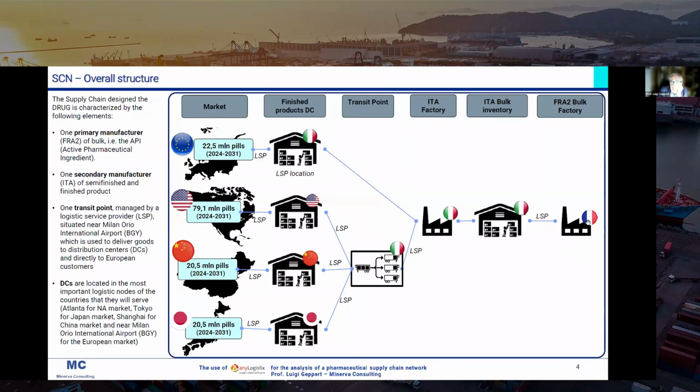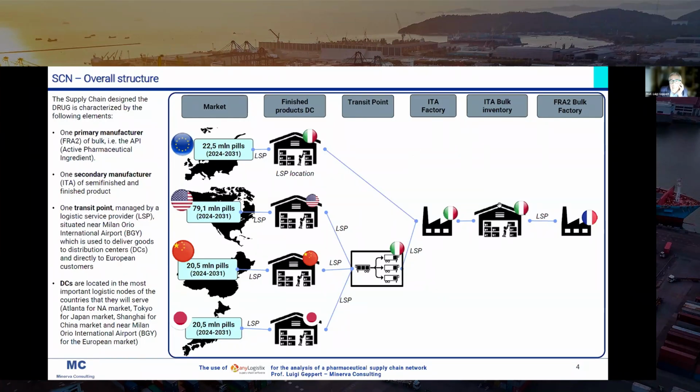We start from the French company, the primary producer that produces the bulk. Bulk is, as I said before, the API, the active principle. The active principle is delivered to an Italian company, which holds the bulk inventory located in northern Italy.